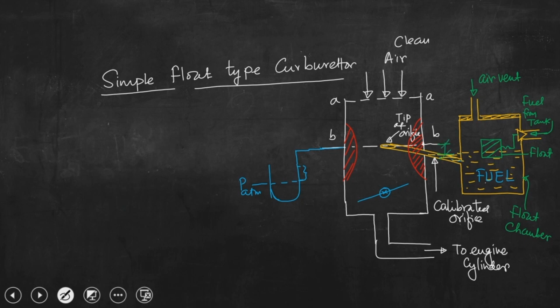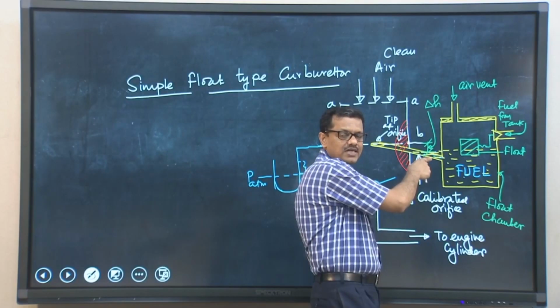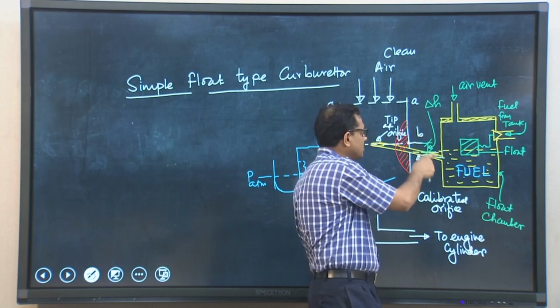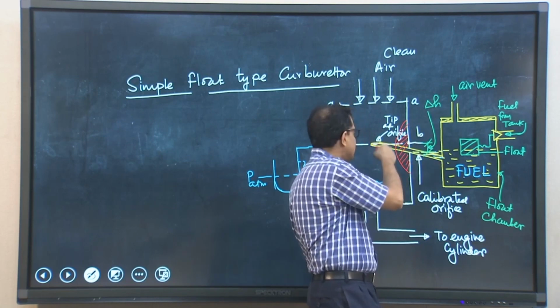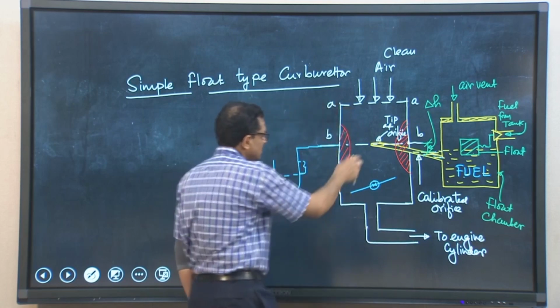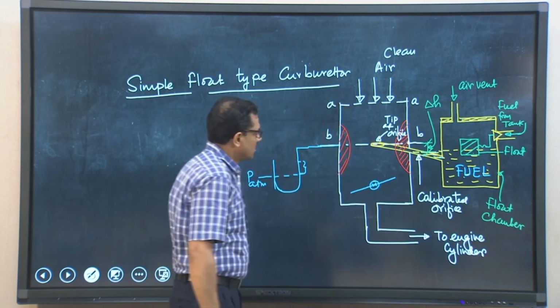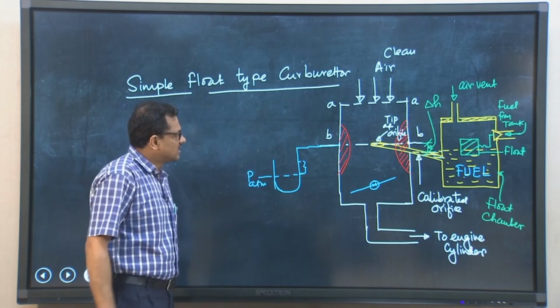So, this distance is delta H. We need to overcome this static height delta H together with the frictional loss as well as the surface tension effect. So, the pressure difference should be such that liquid fuel will be injected at this location. This is the venturi, the center of the venturi. So, this is basically the idea.